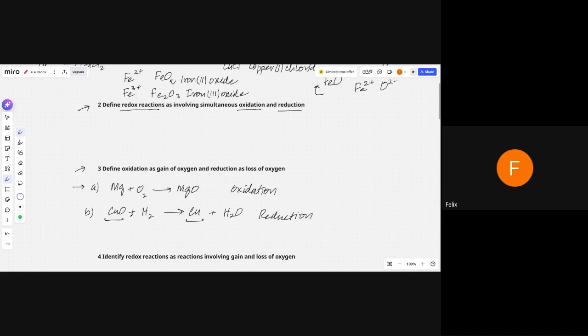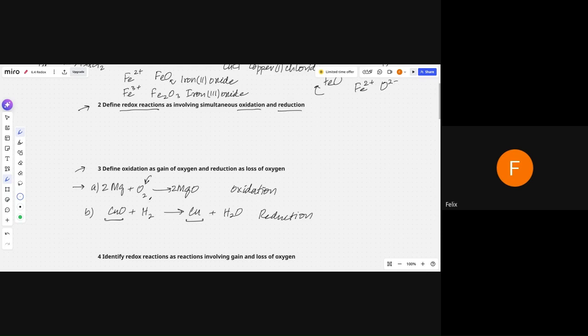Yes, you are absolutely right. So it is all about perspective. Now, I explained this reaction from the perspective of magnesium. Magnesium is being oxidized, but now look at oxygen. Let me balance this equation. I'll put 2 here and 2 here.